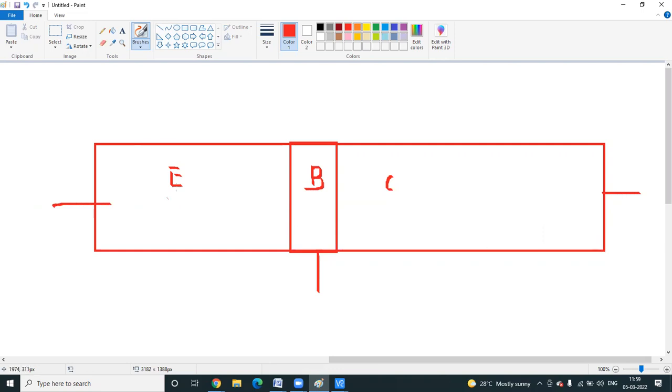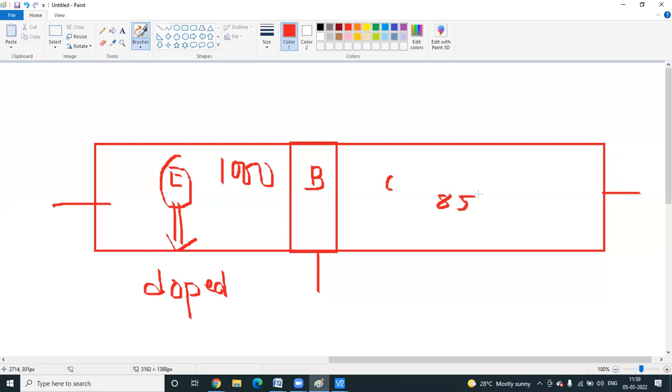But the second point: the emitter is highly doped. As in the initial class on doping, doped means that even in a small area the density of electrons or holes will be more. Suppose the density of electrons here, let's assume, is 1000. The collector is moderately doped, so it will be 850.